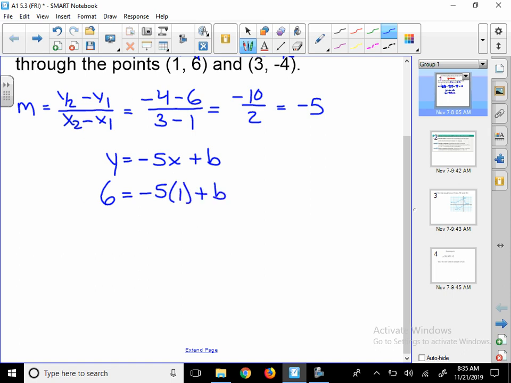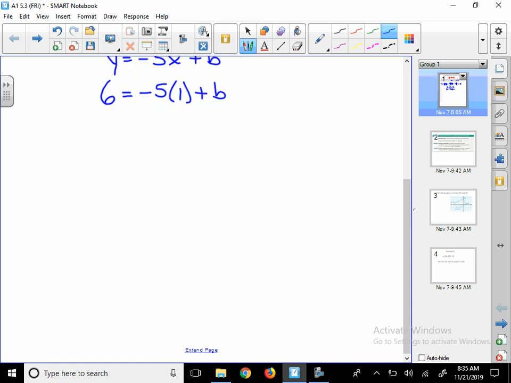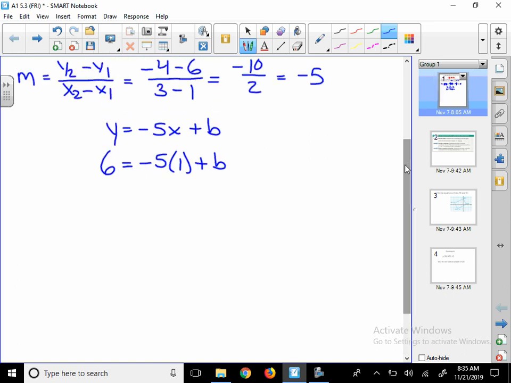And now we have a regular equation that we have been solving for quite some time now. So I multiply my -5 and my 1, so I get -5 plus b. And I add my 5 to both sides, and I get 11 is equal to b.